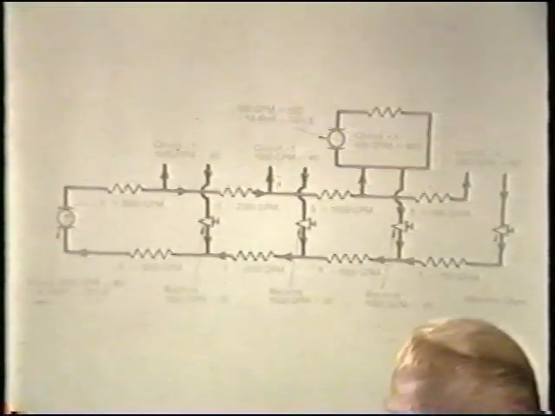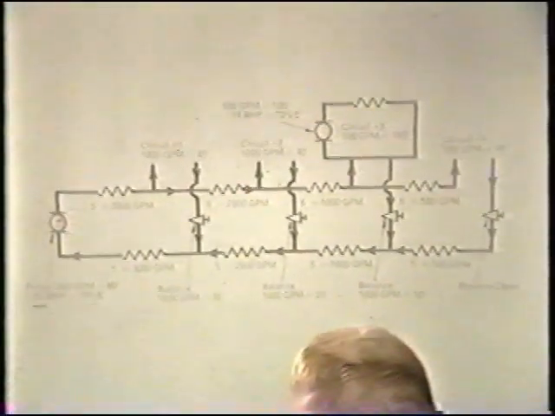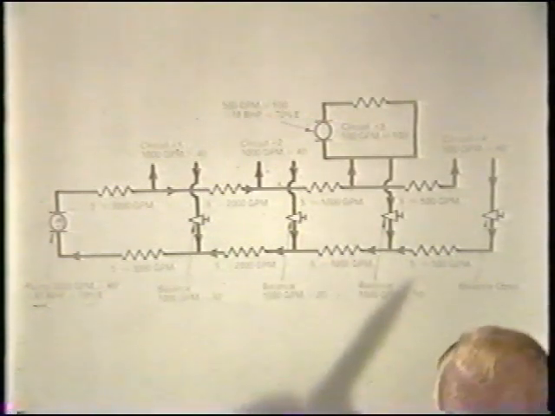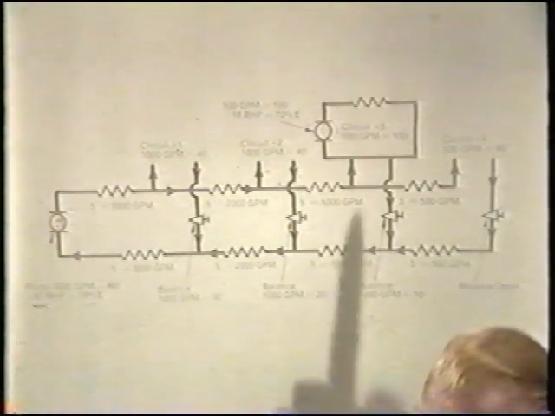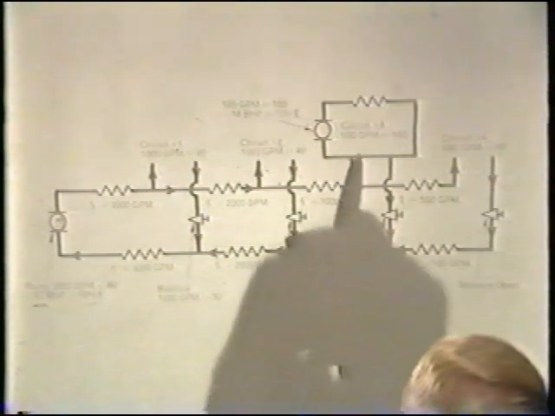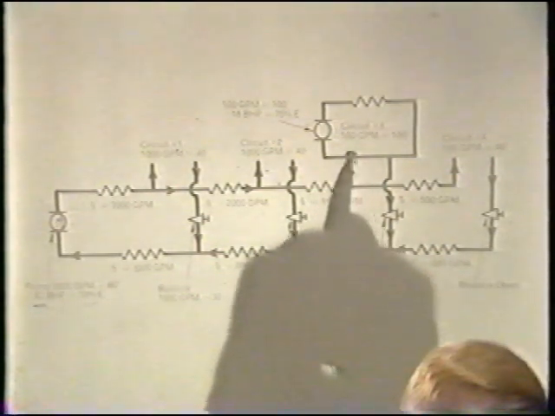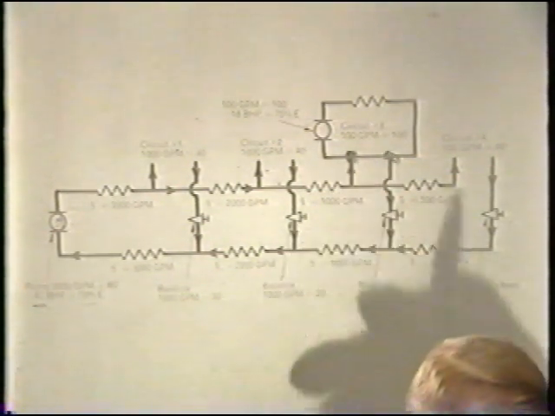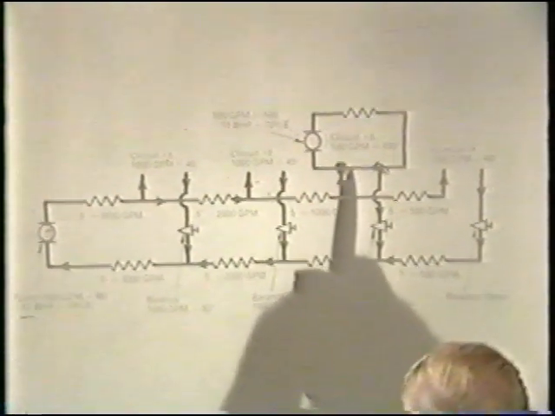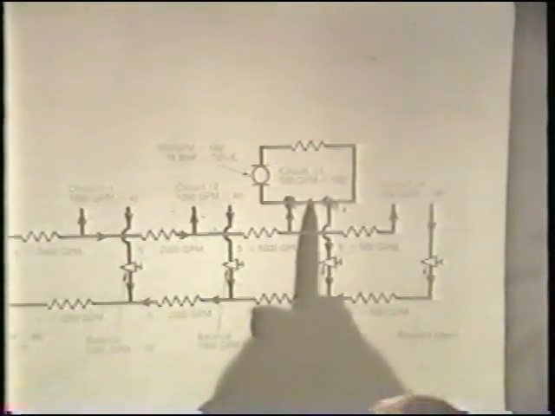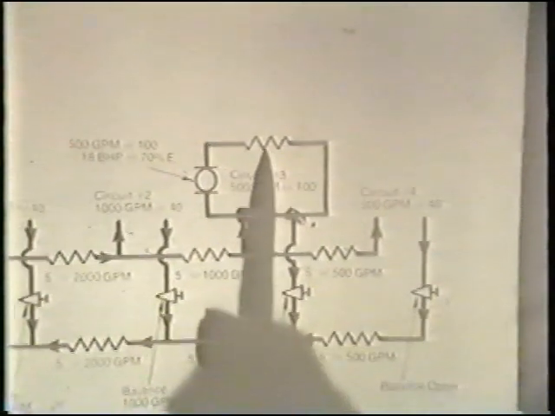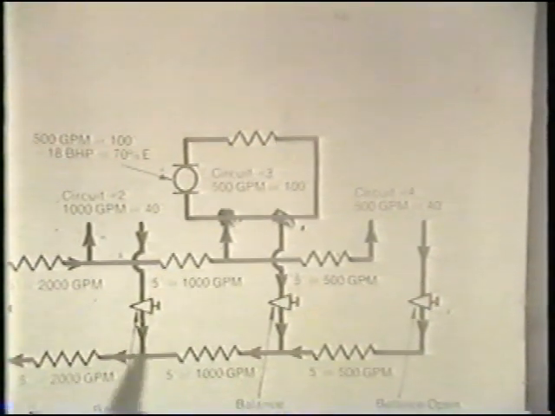This is illustrated in this example, which utilizes primary, secondary pumping. And in primary, secondary pumping, which will be explained in greater detail, we utilize common piping as the interconnection between the secondary zone and the primary zone.